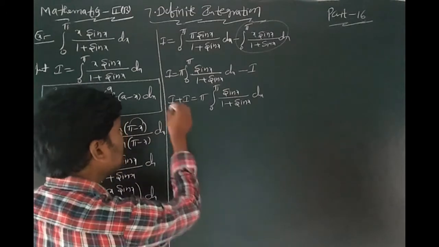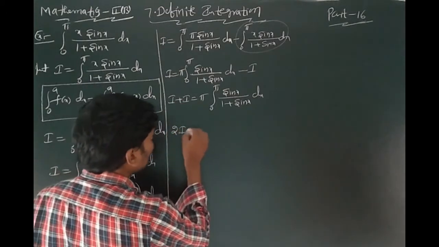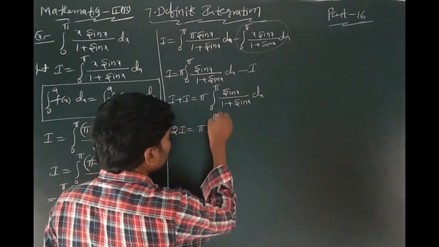After that, I plus I, how much? 2I equals pi into integral 0 to pi.